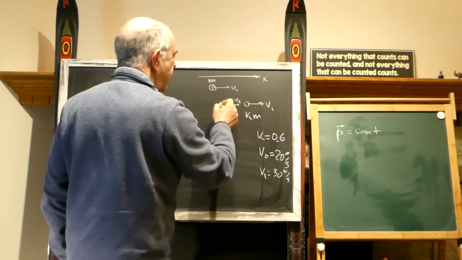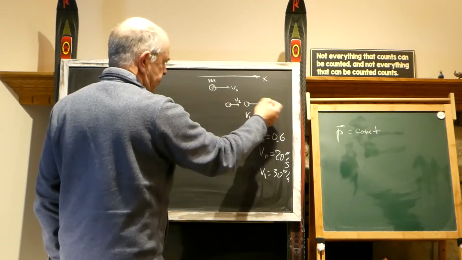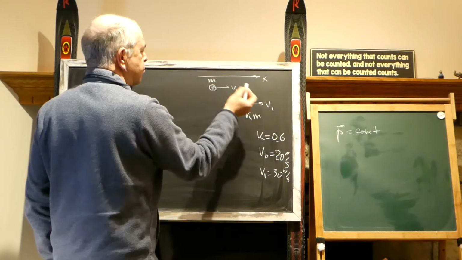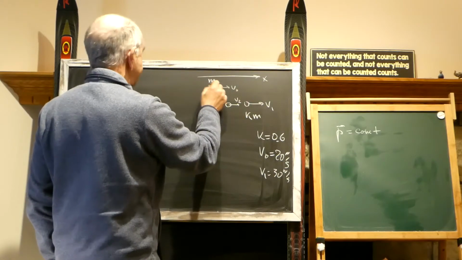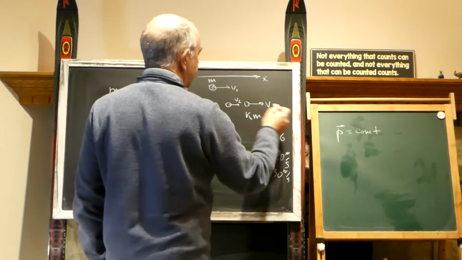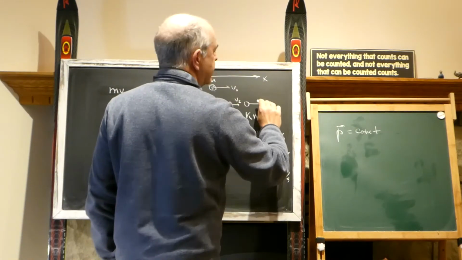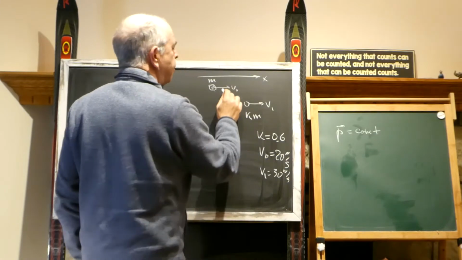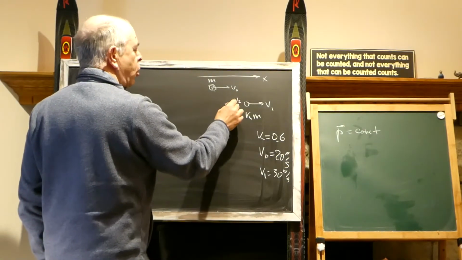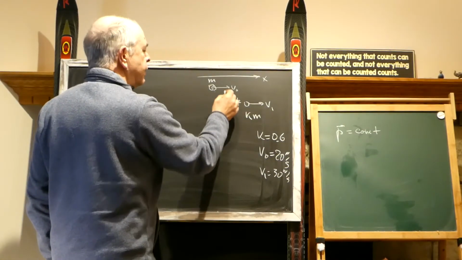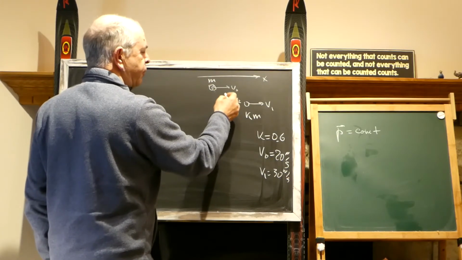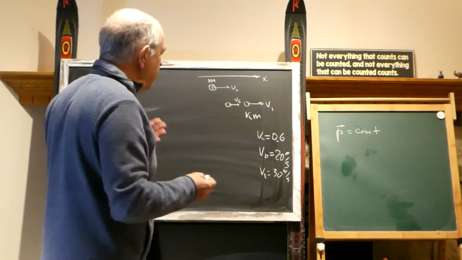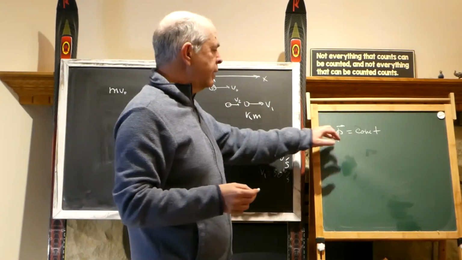We don't know this way or that way, but only along this line, because if it would be directed sideways, it's impossible. The initial momentum is also along this line. So if there would be some projection of this v2 in the opposite direction or perpendicular direction, it would be impossible. It would violate this vector form.